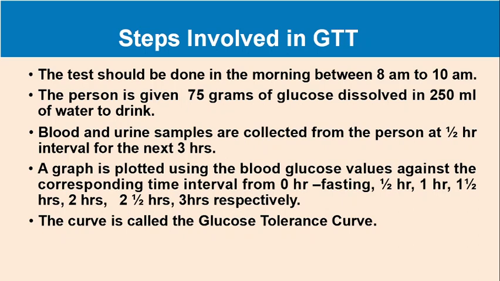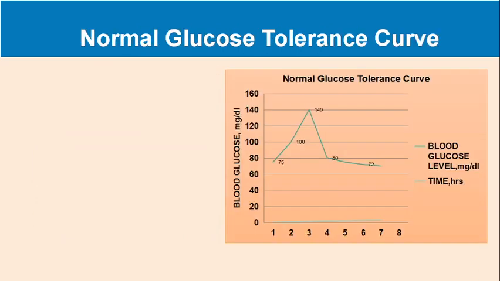So the three possible glucose tolerance curves help us predict whether he is normal. If the person falls in the category of normal glucose, meaning a glucose value of 70 to 110 mg per dl, he falls under the normal glucose tolerance curve.